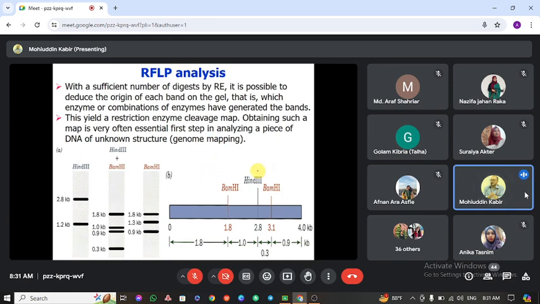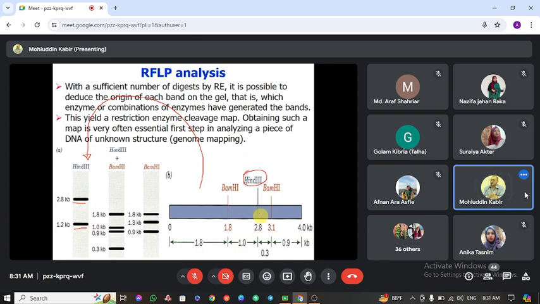In the next round of digestion, let's say HindIII has been used. So this is the genome, and HindIII is used to digest. Now, in the agarose gel, after digestion with HindIII, we got 2 fragments.